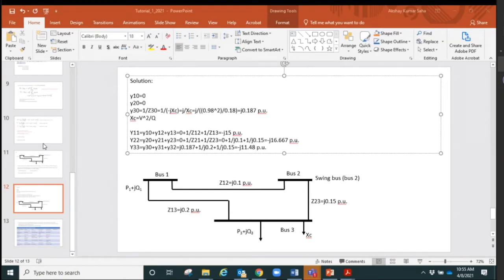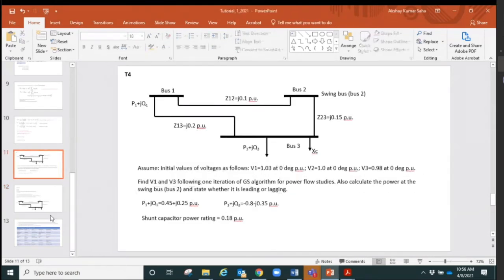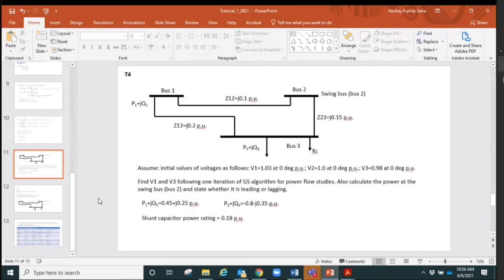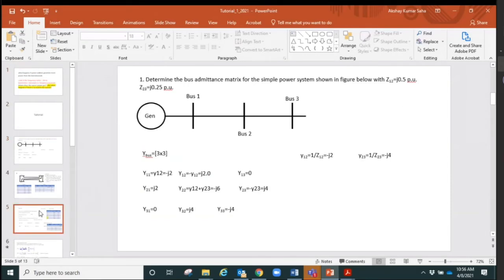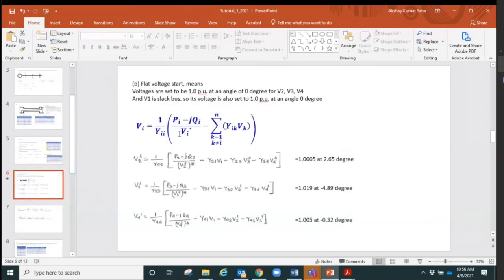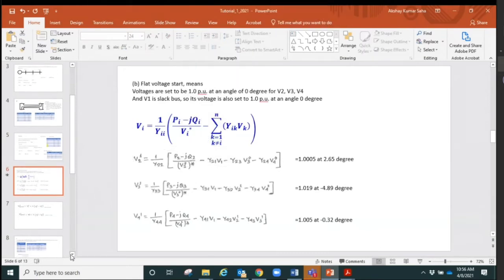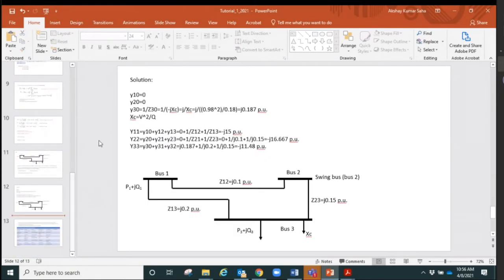So we have to calculate V1 and V3. So let's go to that equation. So how can we use the V1 equation? Let me just go up and copy those equations from here, so you can utilize them to calculate V1.